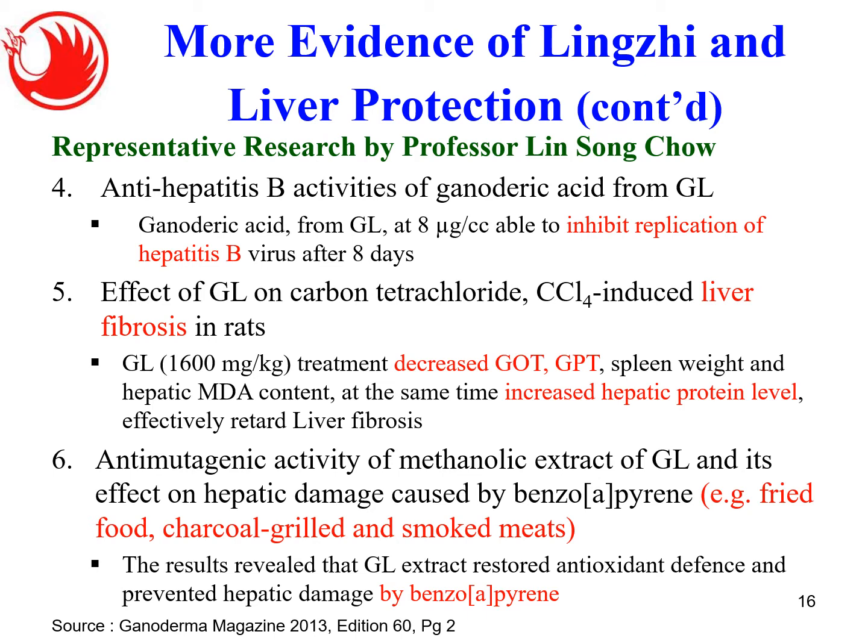The results show that Ganoderma lucidum extract is able to restore the antioxidant defense and prevent the hepatic damage caused by this chemical. So all show a good result when using Ganoderma treatment on liver disease. But this is done in the lab.